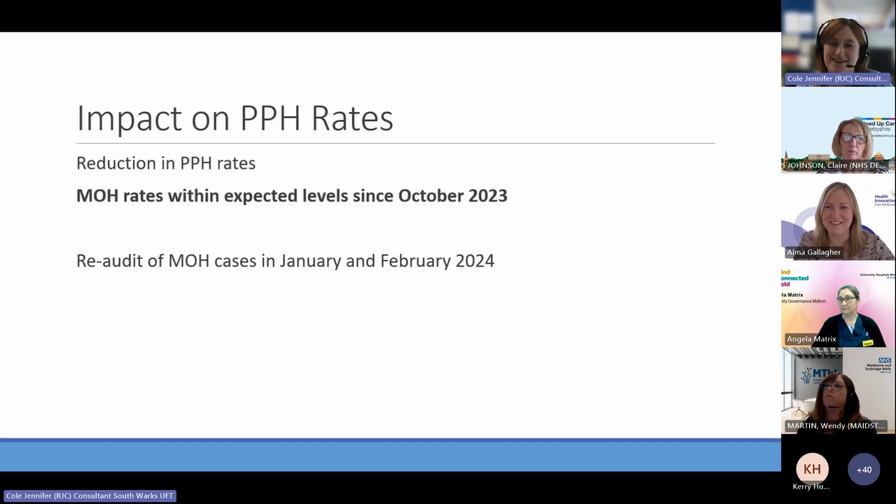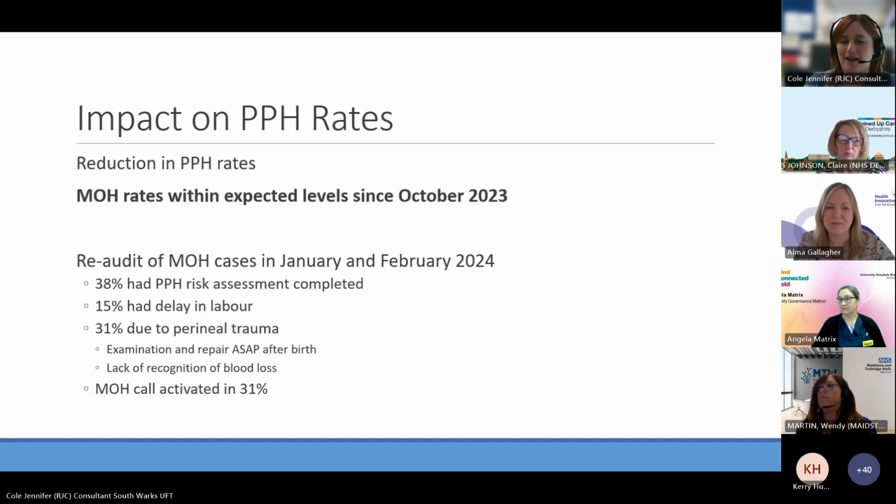We have also carried out a re-audit of cases over a 2-month period earlier this year, again, just to check on how we were doing. I thought there was a lot of positive improvement. So we've seen an increase in the completion of the risk assessment. We have seen quite a reduction in those delays in labour and poor progress in labour, with only 15% of cases in that audit.